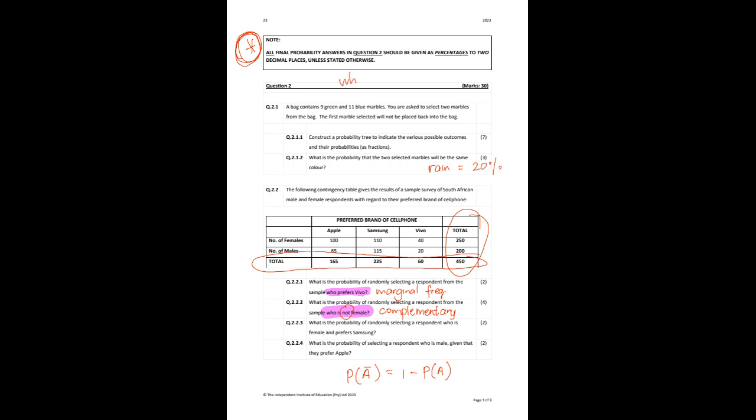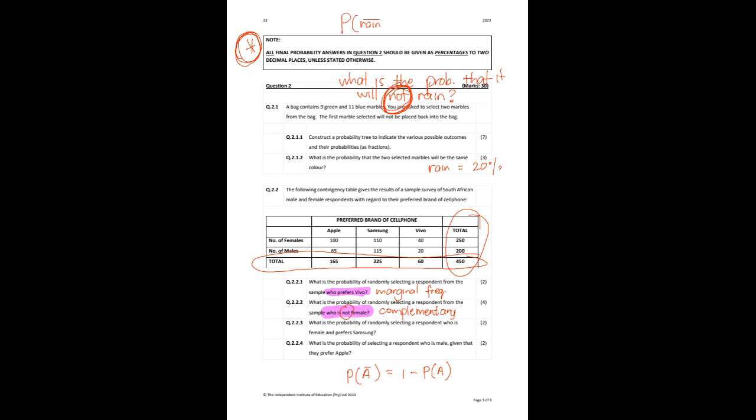So, what is the probability that it will not rain? Then all you're going to say is, because they said the probability of it not raining, the probability that it will not rain is calculated as 1 minus the opposite, the probability that it will rain.